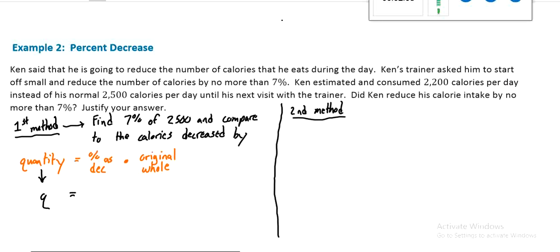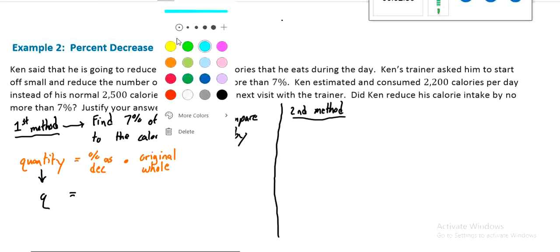Well, slightly unknown. There is a way that right now I could tell what the quantity is, but I'm going to do that after so that I can compare what we find 7% of 2,500 is, and we can see if that actually matches what the quantity he went down by is. All right, so Q equals now percent as a decimal. We have 7%.